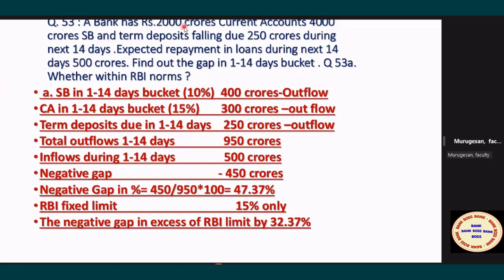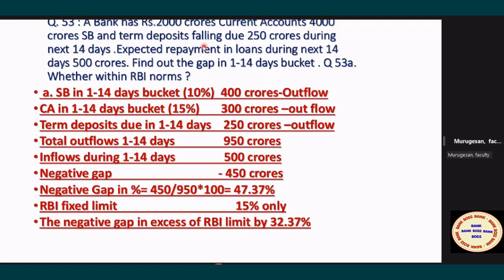So the bank has got 2000 crore, and the outflow in the 1 to 14 days bucket will be 10% for SP. The bank has 4,000 crore, so 10% is 400 crore. It's an outflow.